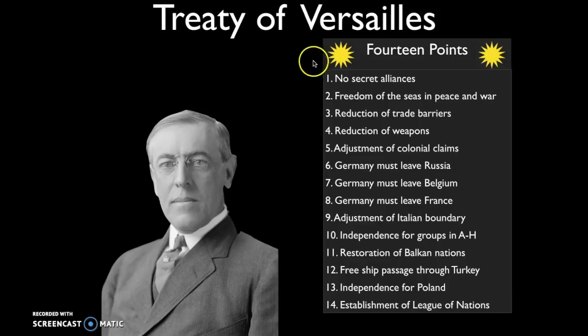So he addressed things like he didn't want any secret alliances. He wanted there to be a reduction of weapons, so it's addressing that issue of militarism. He wanted there to be the establishment of the League of Nations in order to get countries to sit down and work peacefully through any issues that they may have between one another.